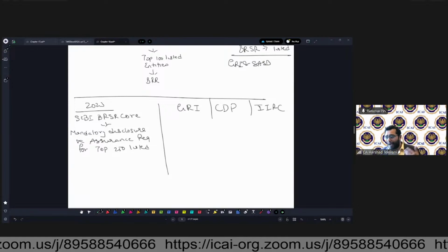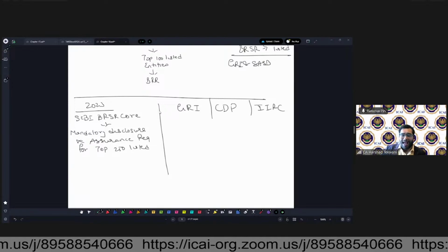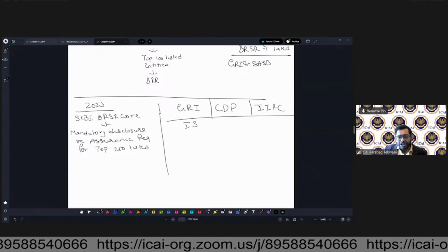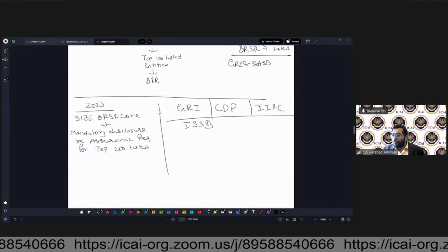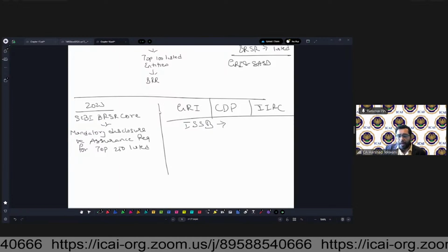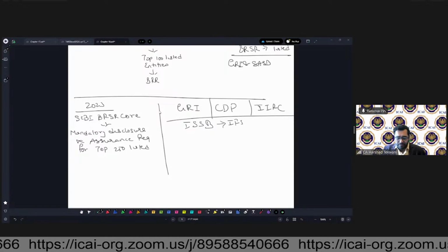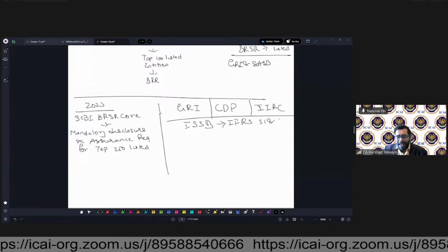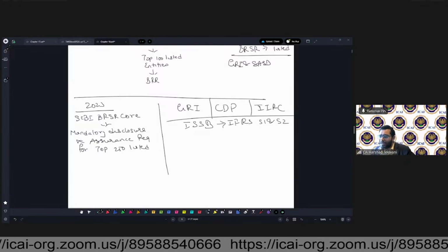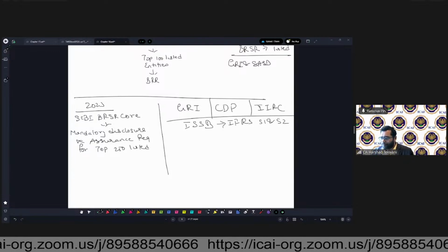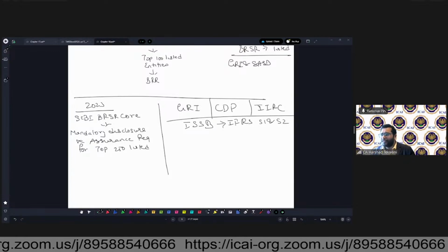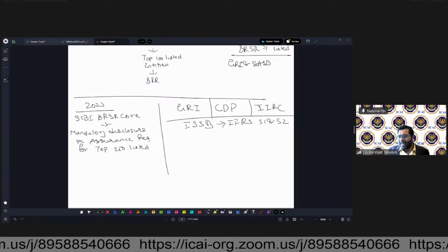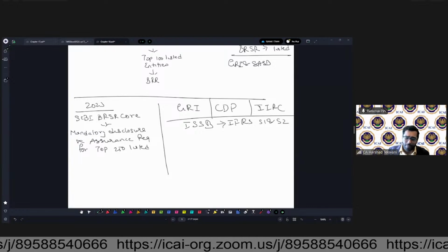Apart from this, there is the ISSB, the International Sustainability Standards Board, which issued two IFRS standards, S1 and S2, on the sustainability part. IFRS S1 is a general requirement for the disclosure of sustainability related financial information, applicable from 1st Jan 2024.